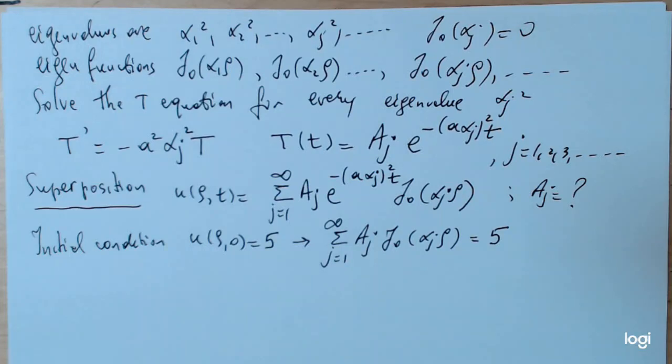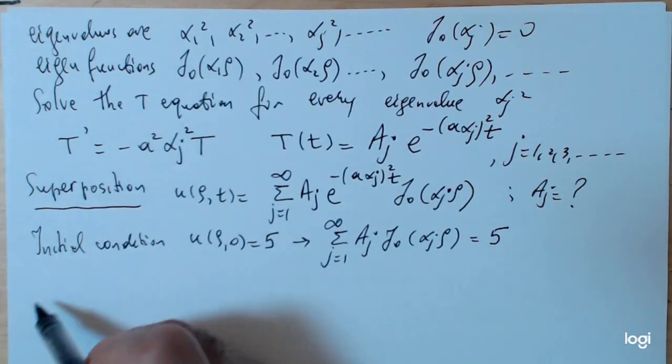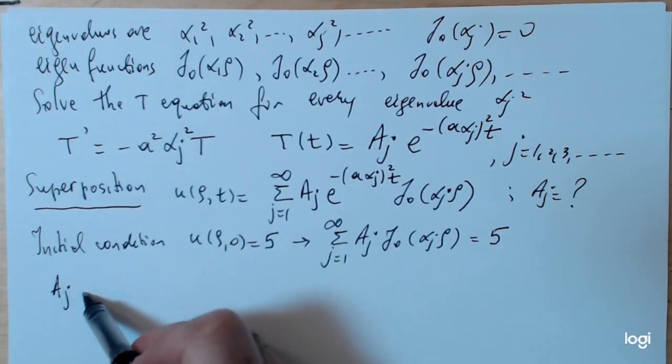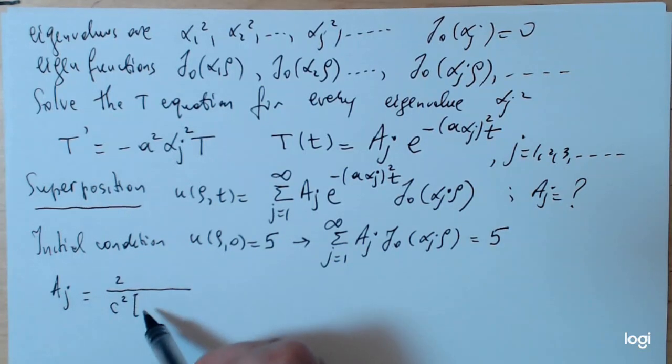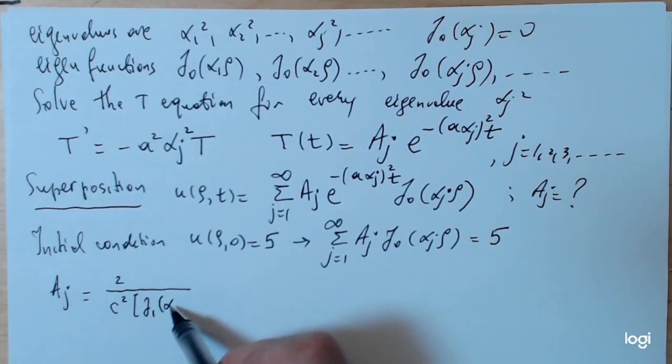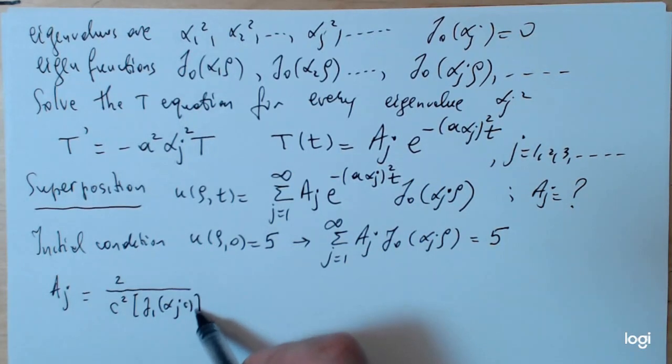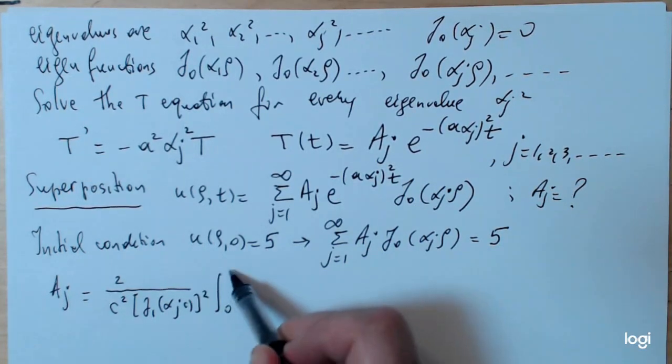So now you go back to the formula that I mentioned before. You can look at your notes, but remember the formula states that aj should be equal to 2 over c squared J1 of alpha j c quantity squared, the integral from 0 to c.